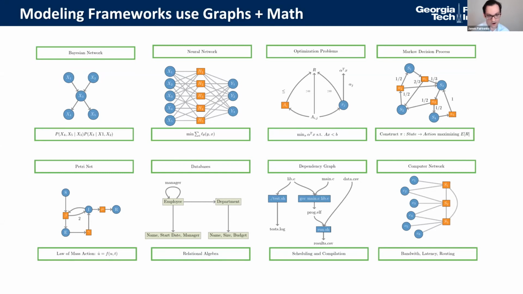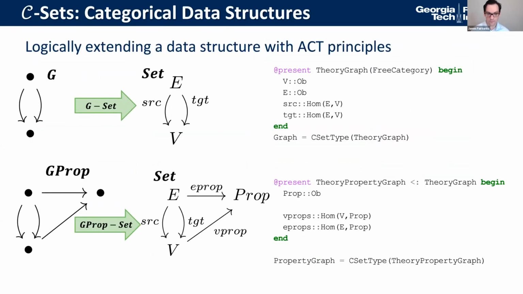Or in the neural network, the vertices represent vector spaces and the maps represent differentiable maps. So there's all these different modeling frameworks. They all kind of feel like a graph plus a mathematical interpretation of that graph. And so I think that we can do some ACT here to generalize everything we've done with Petri nets to this broader class of modeling frameworks.